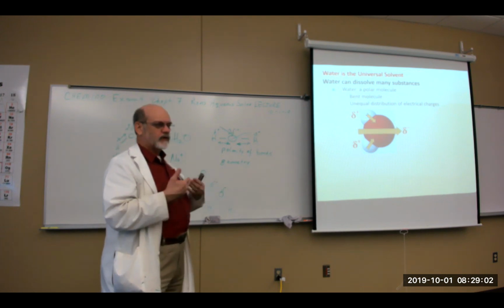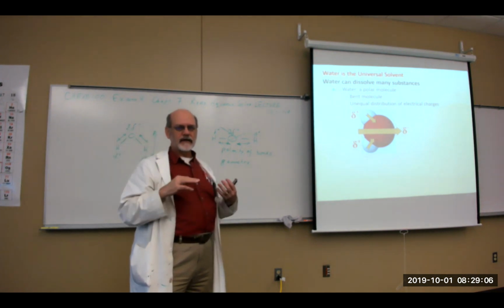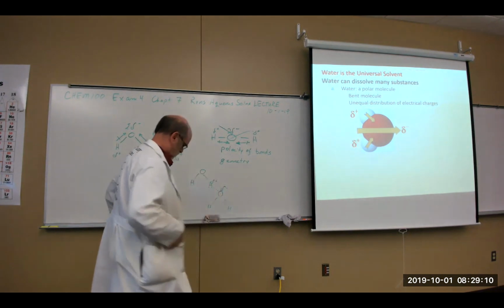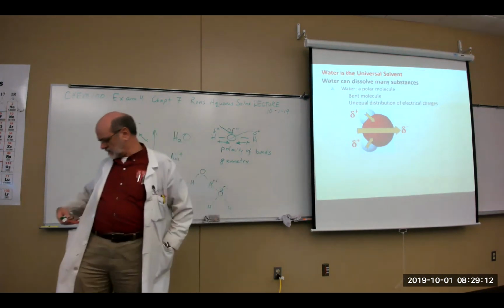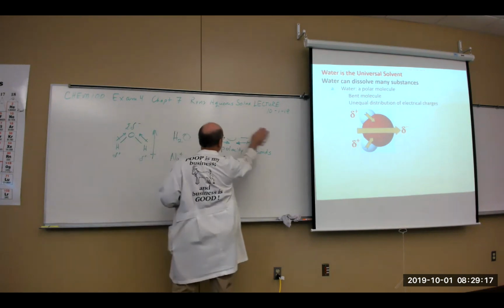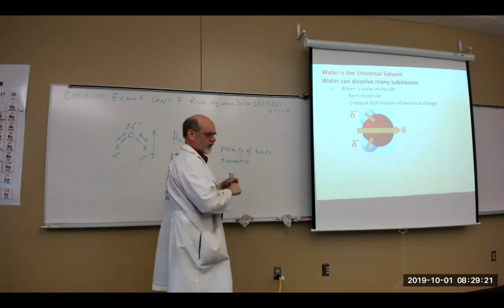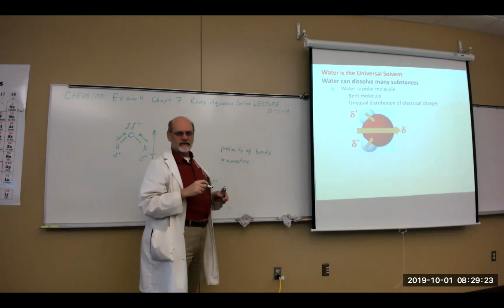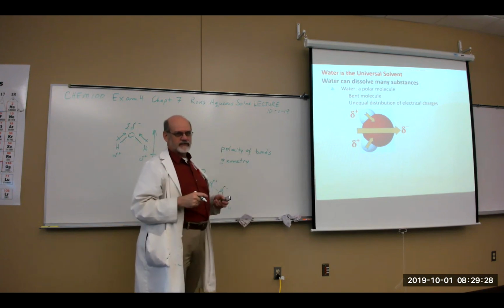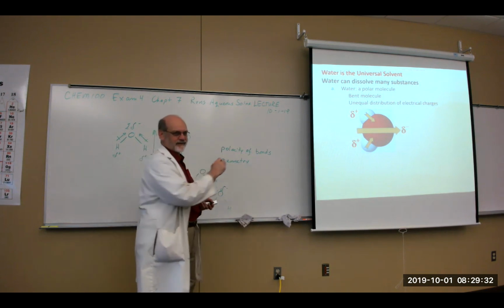If the bonds are opposite one another, they'll cancel, or if they're in the form of a symmetrical design, like a tetrahedron, such as carbon tetrachloride. Everybody knows carbon tetrachloride. No, maybe you don't. They used to use it as a dry cleaning fluid until the EPA and OSHA said you can't use it anymore because it's making your workers sick.